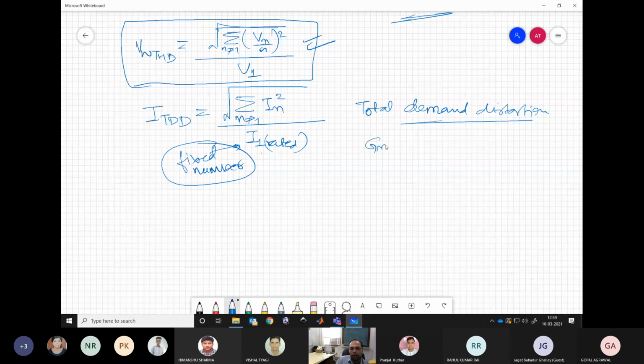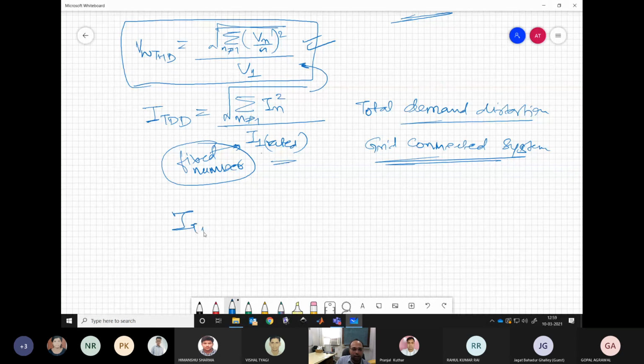So sometimes in grid connected systems, this term is very important. Again, this can be equated to the weighted THD of line to line voltage if you just scale this term with the rated current.